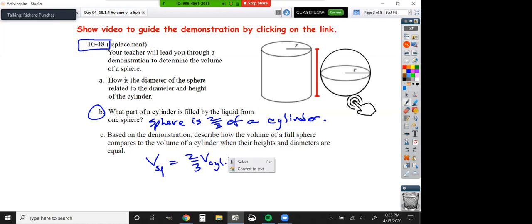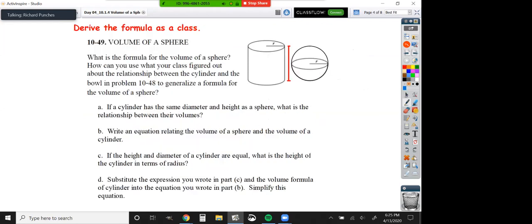Now, we're going to take this idea and use it to write the equation for the volume of a sphere. And this will be my 1049. So part A, if a cylinder has the same diameter and height as a sphere, what is the relationship between their volumes? Okay, so we just did that.